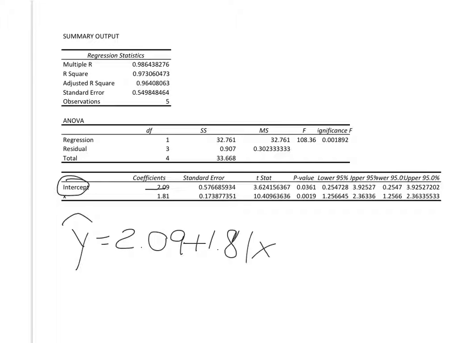Then, all right, remember we did the correlation? That's on there. That's up at the top. That's where it says multiple R. So that's the 0.9864. Now, something that's more important in regression is the r squared.